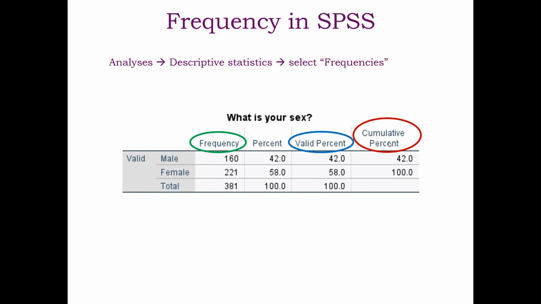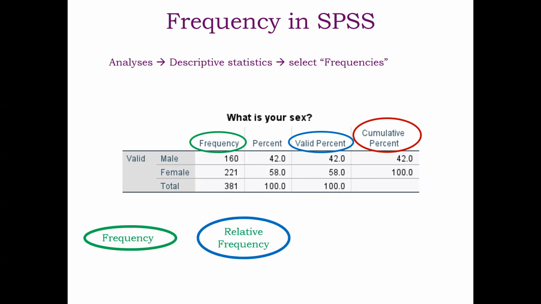And the cumulative percent, which is similar to cumulative frequency, right? So frequency, valid percent relates to relative frequency, right? And cumulative percent is equivalent to cumulative frequency, right? And this will make more sense when we see a more complex table.